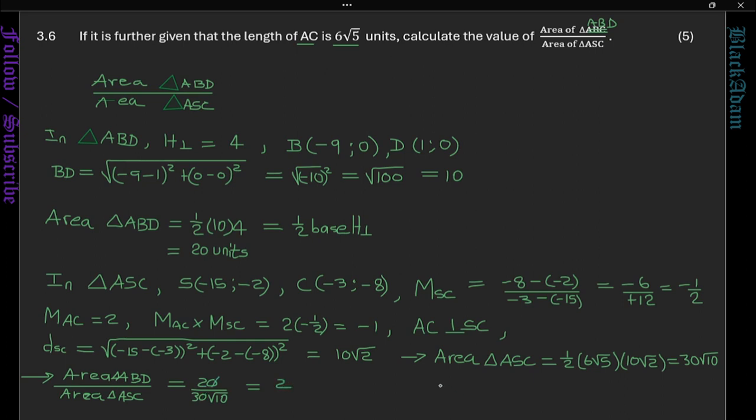So that is 2 over 3 root 10. Multiplying by root 10, just to remove the root at the bottom, will give us 2 root 10 all over 3 times root 10 times root 10, which is 10, so 3 times 10 will give us 30. So that's 2 root 10 over 30, and that's our final answer.